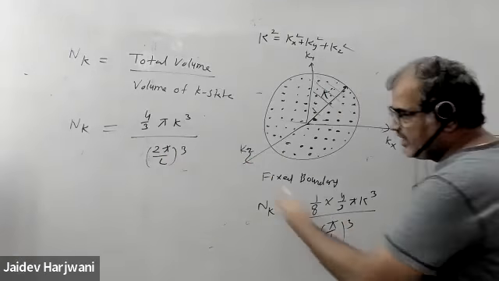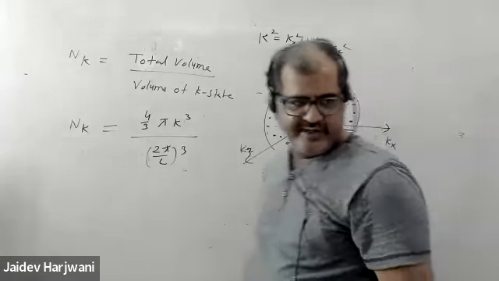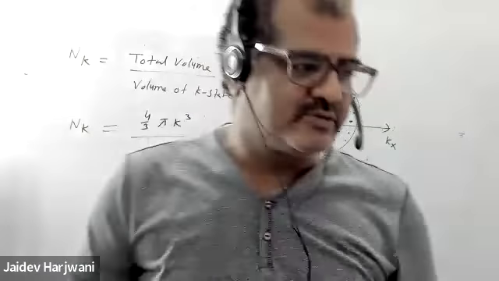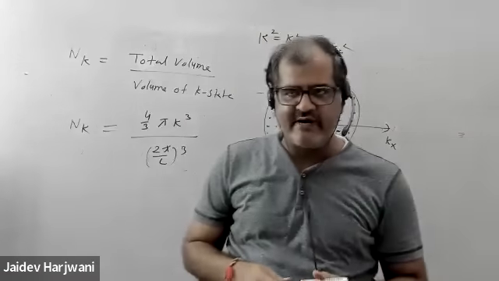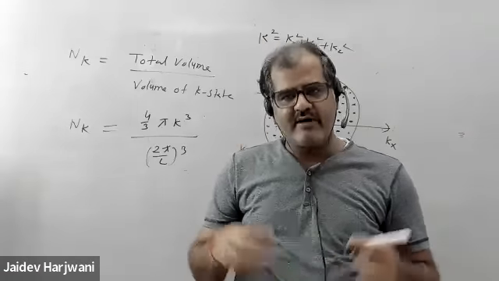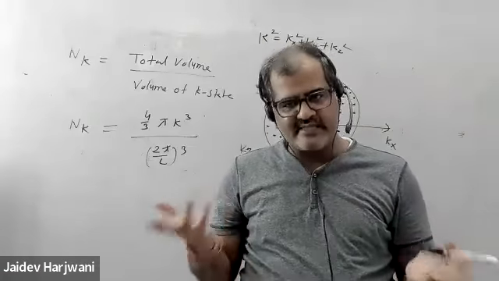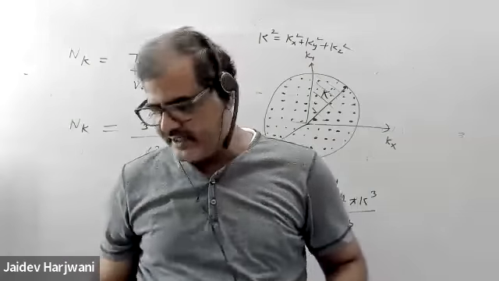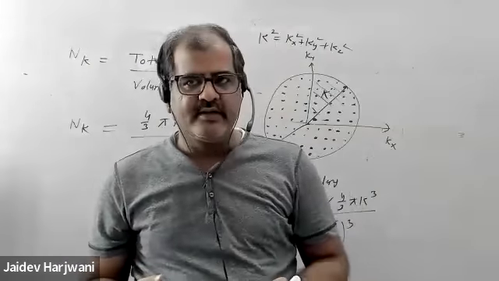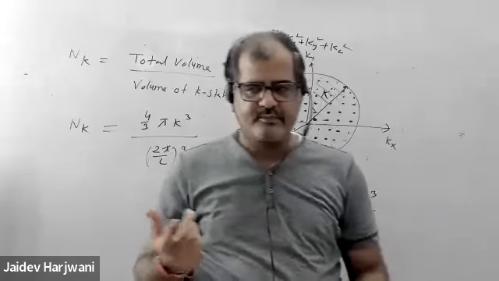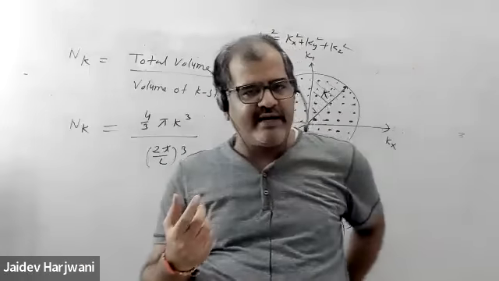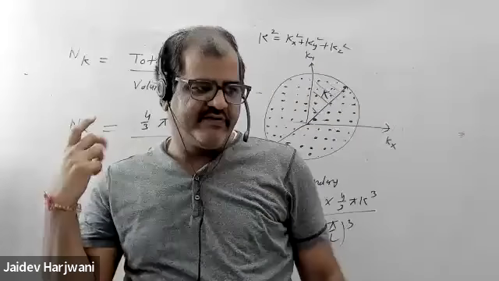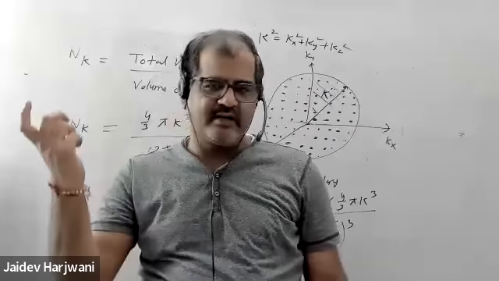So whether you take fixed boundary condition or periodic boundary condition, the number of states will be the same. That's why I told you when we were doing the 1D lattice, the number of lattice points n are the same. The number of modes are the same. The interval may be different: in the case of periodic, we have 2π/L interval, but here we have an interval of only π/L. The number of modes will be equal to the number of lattice points.